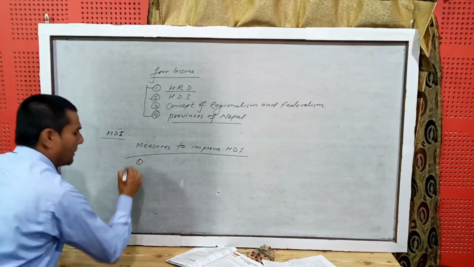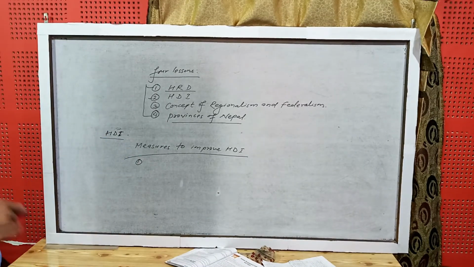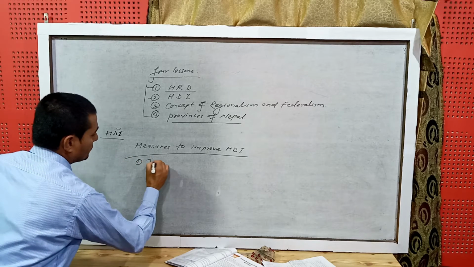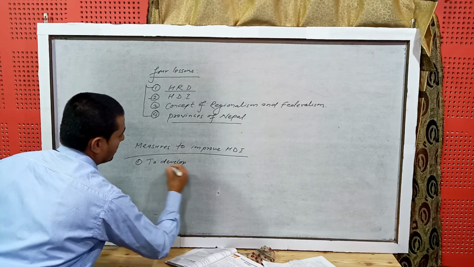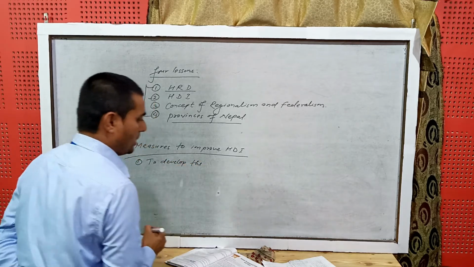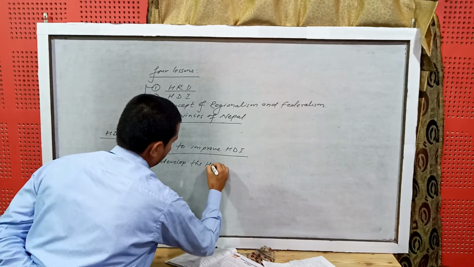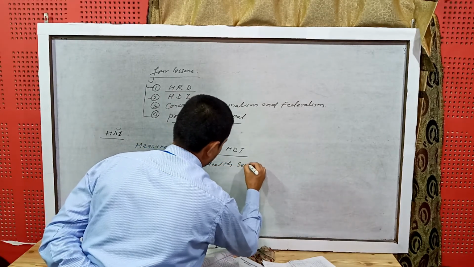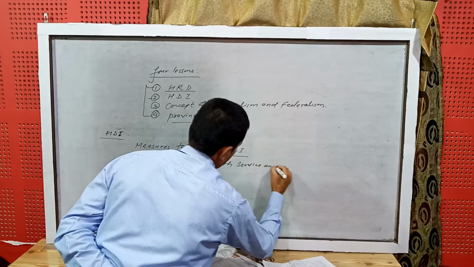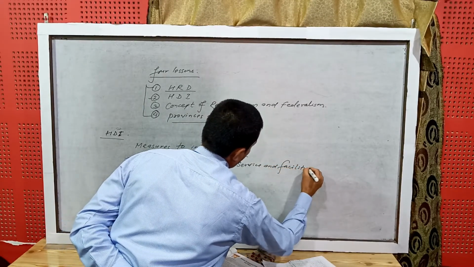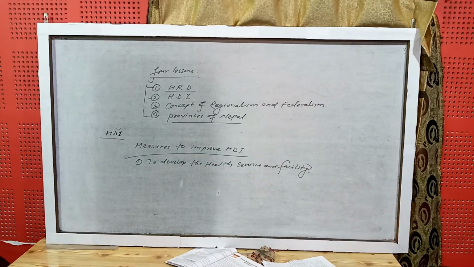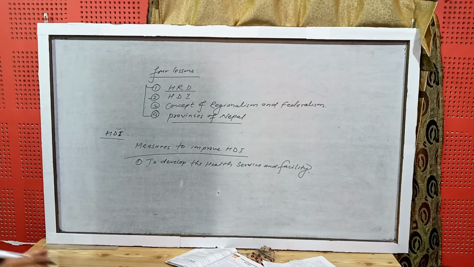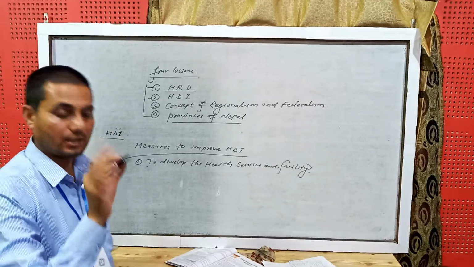Number one, the main measure to improve the HDI of any country is to develop health services and facilities in that country.